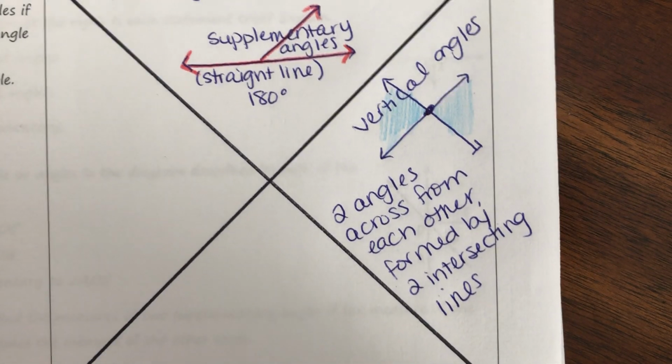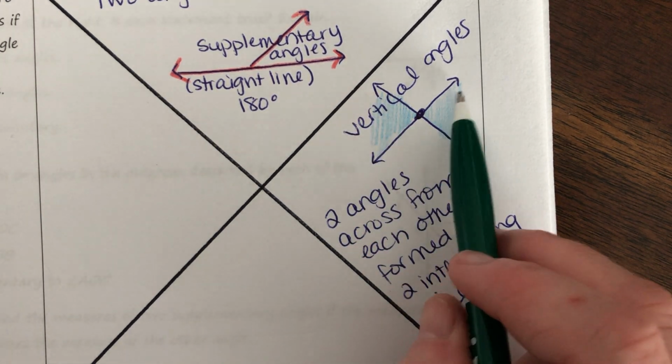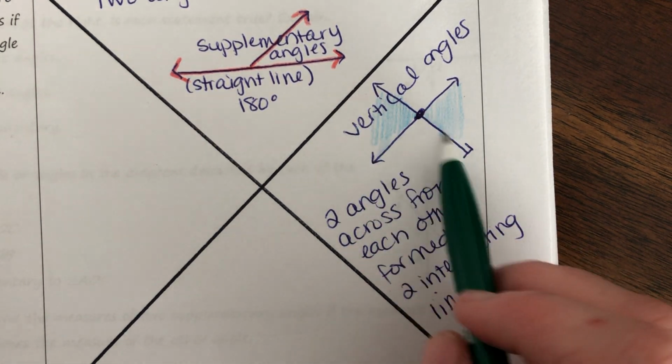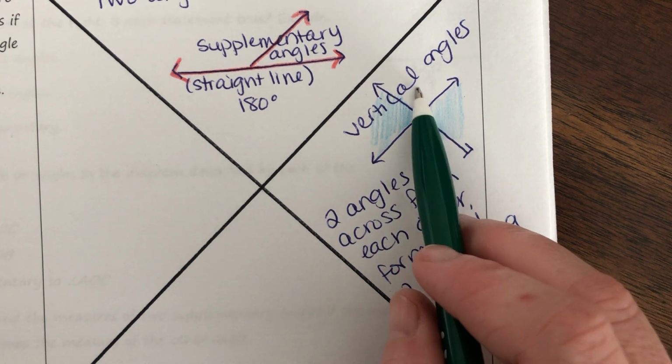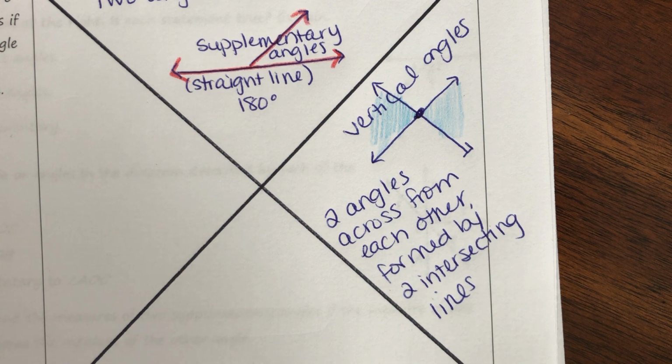Doesn't matter if they're perpendicular or not. Usually they're not going to be, but when you have kind of an X-looking area, it forms two sets of vertical angles. Okay, the next one we talked about was complementary angles.